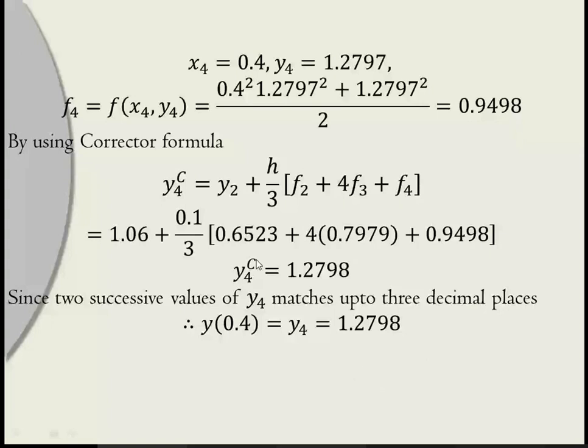Then check whether the two match or not. If the two match, then that gives us the answer. Continue until two corrected values of y4 match up to certain decimal places. That gives us the answer. Okay. So only for the corrected value we use the iteration. If predicted and corrected value don't match, then only we have to repeat these steps.